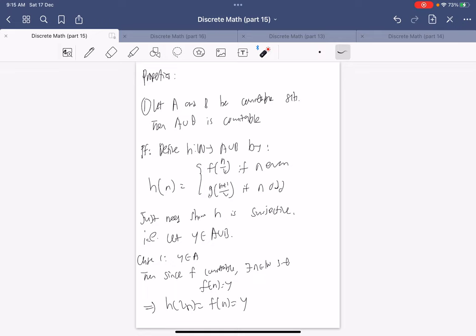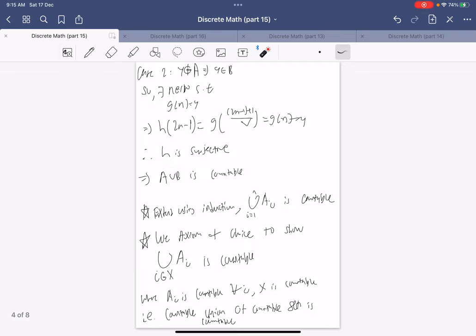Because if y is an element of A, then F being countable means there will exist an n such that F(n) equals y, and then H just needs to be 2n, which equals F(n), which then equals y. And if y is not an element of A, it means that y must be an element of B, because y is an element of A union B.